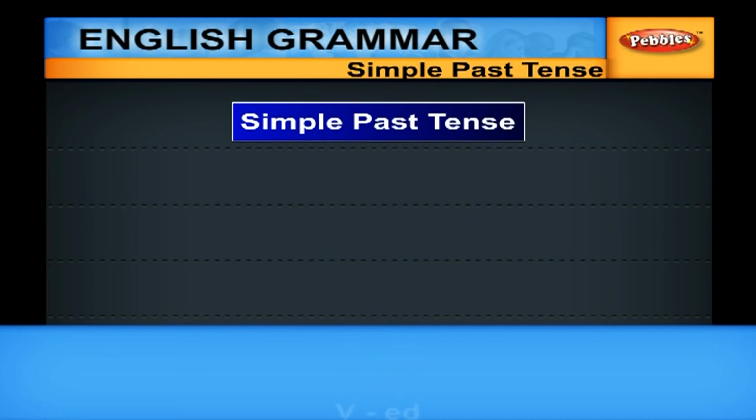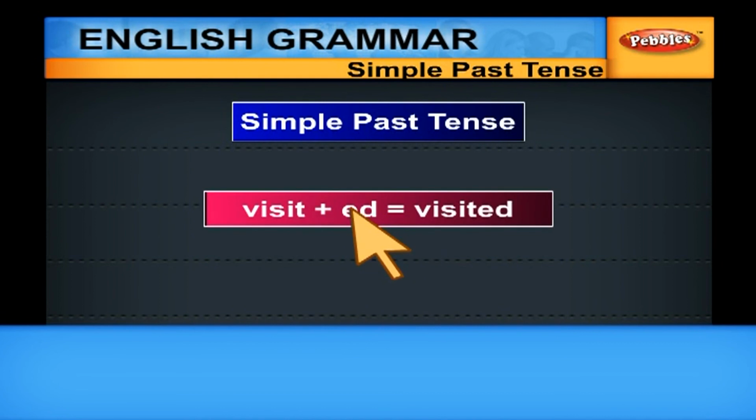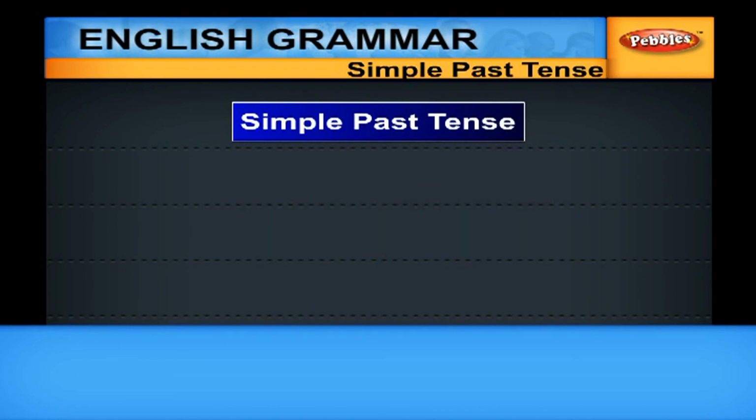Normally, we form a past tense of a verb by addition of ed to the base form of the verb. Past tense is equal to verb plus ed, or VED form. Example, kill plus ed, killed.